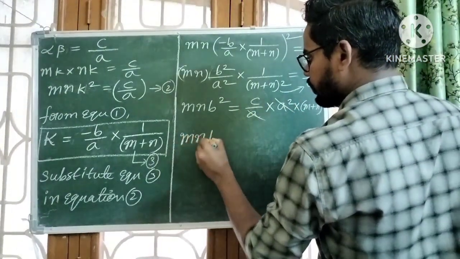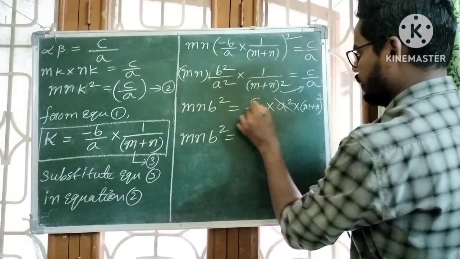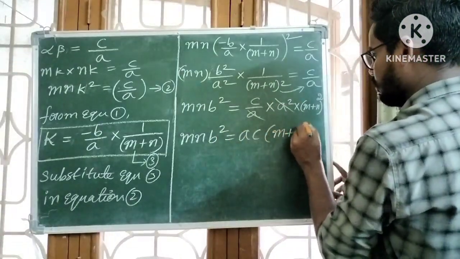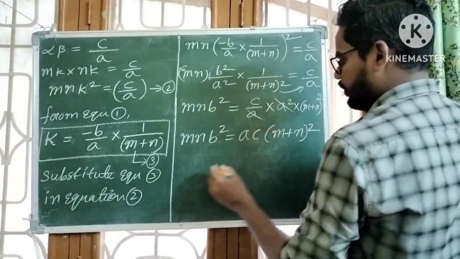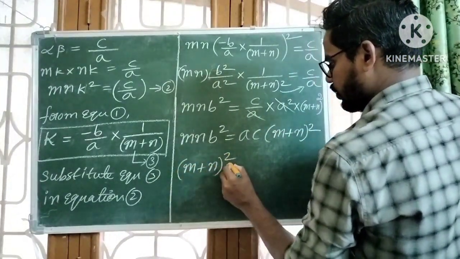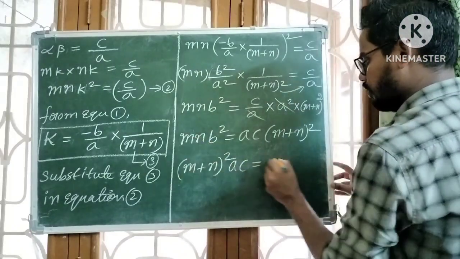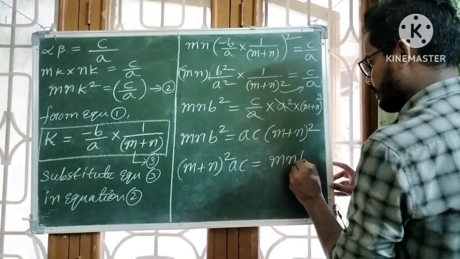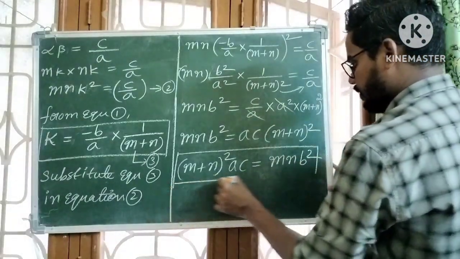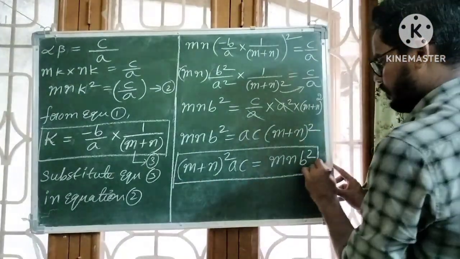Now mn b square is equal to ac into m plus n whole square. So let us rewrite this as m plus n whole square into ac is equal to mn b square. So this is the final equation.